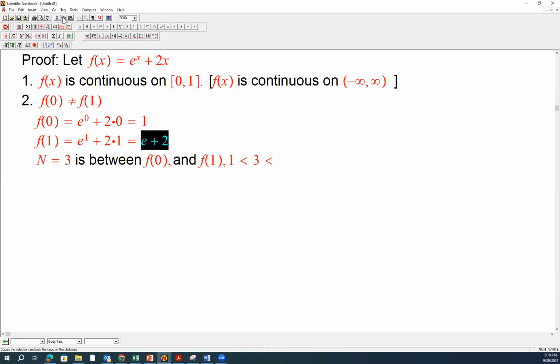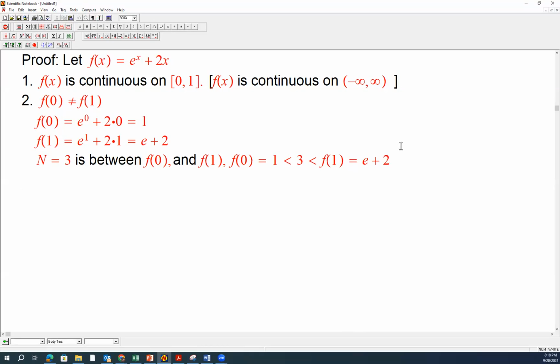E is 2.7, so e plus 2 surely is larger than 3. You can write it that way, and if you'd like to write it that way, that's fine. Okay. So 3 is in between.